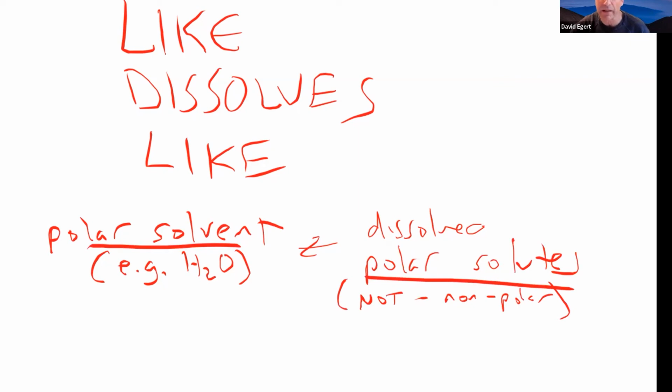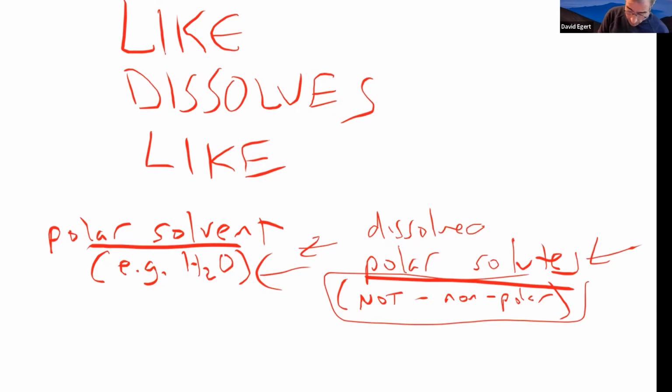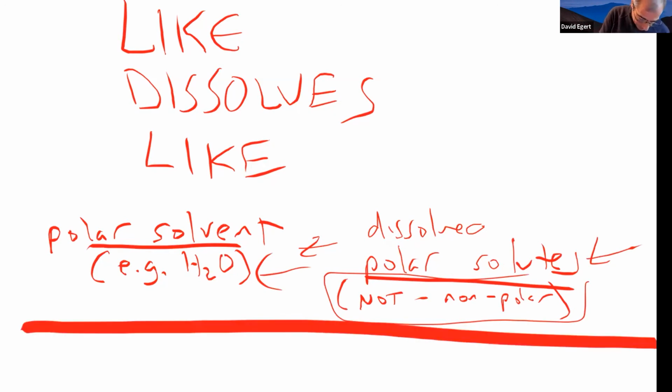We've already talked about this. Polar solutes like sugar or salt will dissolve in water. Nonpolar things like oil or cholesterol will not dissolve in water. However, if I have a nonpolar solvent, like oil or gasoline, these are nonpolar solvents.